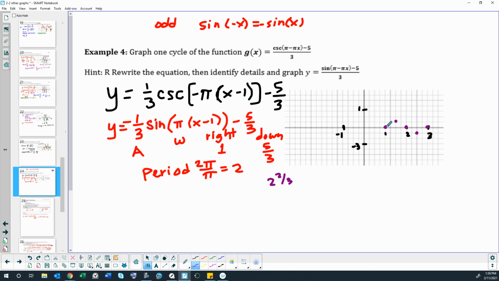So this point here at 0 is going to move down to 2 2/3, so about right there. Oh wait, but I didn't label that correctly, did I? And this wouldn't be 2 2/3, it would be 1 2/3. I think I need a nap.